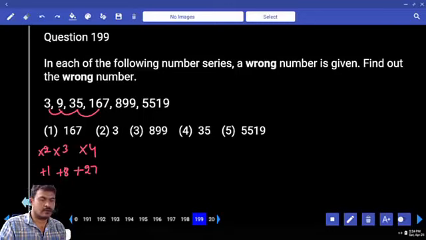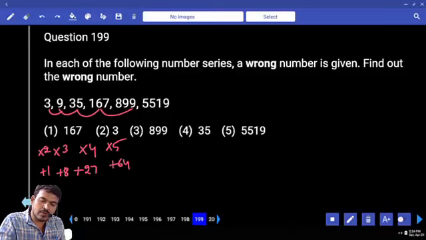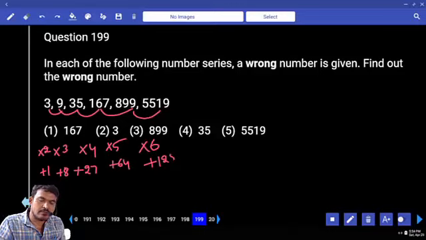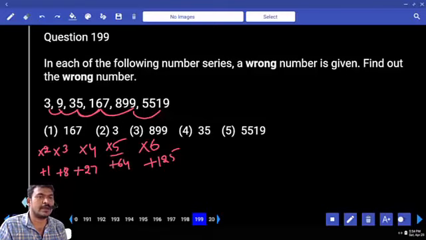What is the next one? Times 5 plus how much value? 64. Next one times 6 plus 125. Already we have checked 35 to 167. Again, 167 times 5 is 835 plus 64, how much? 899. Again, 899 times 6. It will be 54 plus 5, ending with 9.